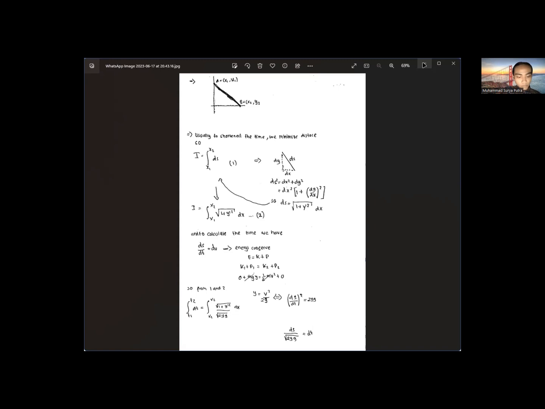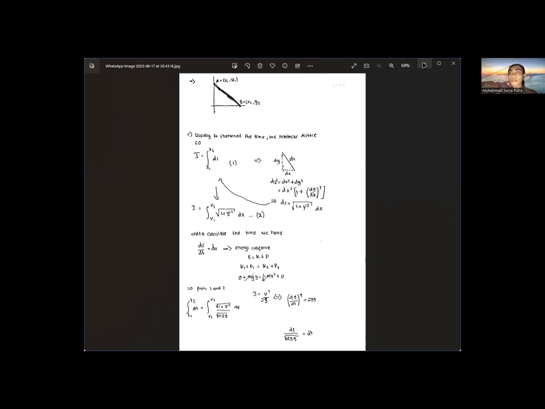First function, which is f(x) equals 4 times exponential of minus 6x.